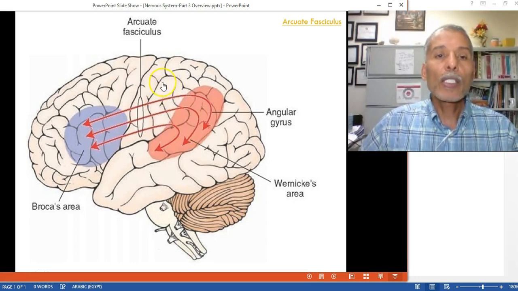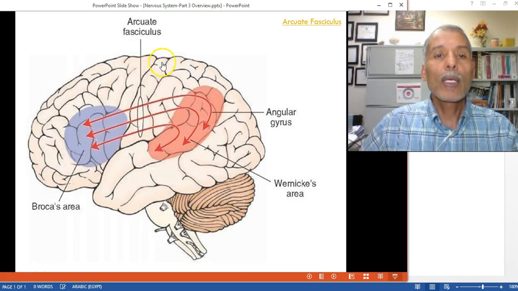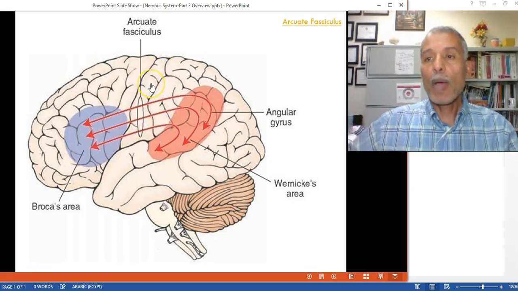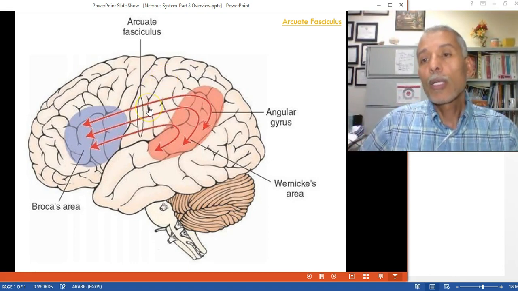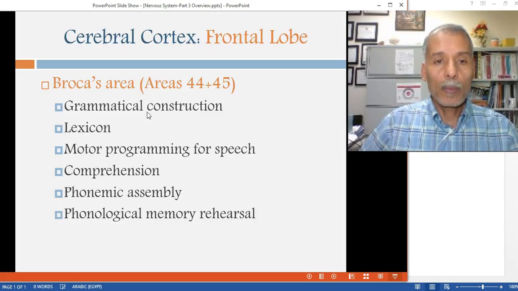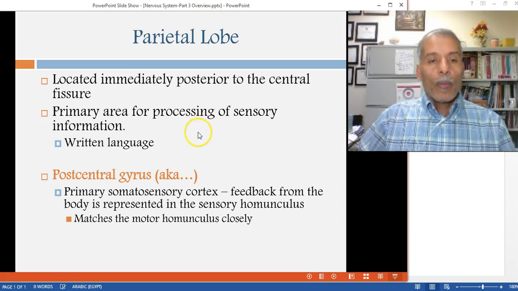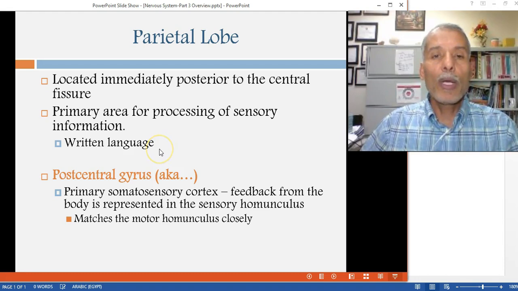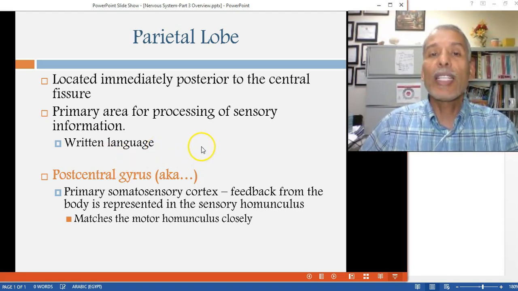The main landmarks of the parietal cortex, number one is the somatosensory cortex, or simply the sensory cortex, that has a map of the entire body, and every area of it is going to bring sensation from a different part of the body. The parietal lobe is very important for written language processing and for reading as well.